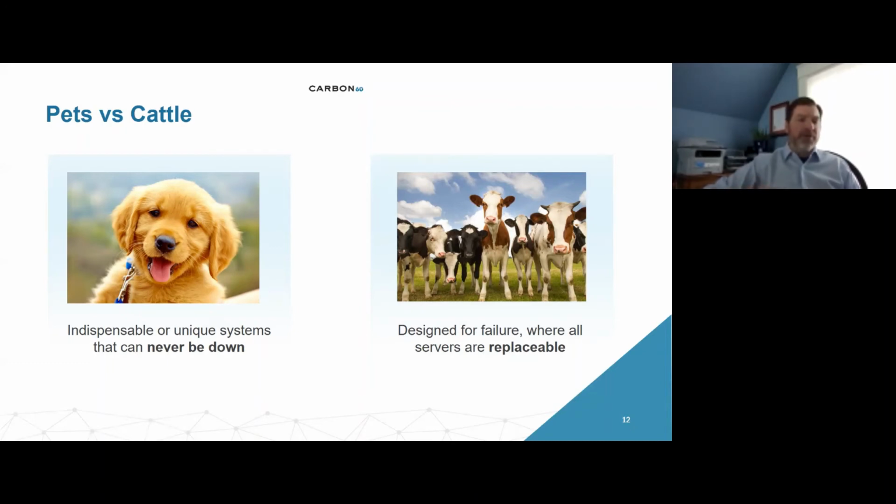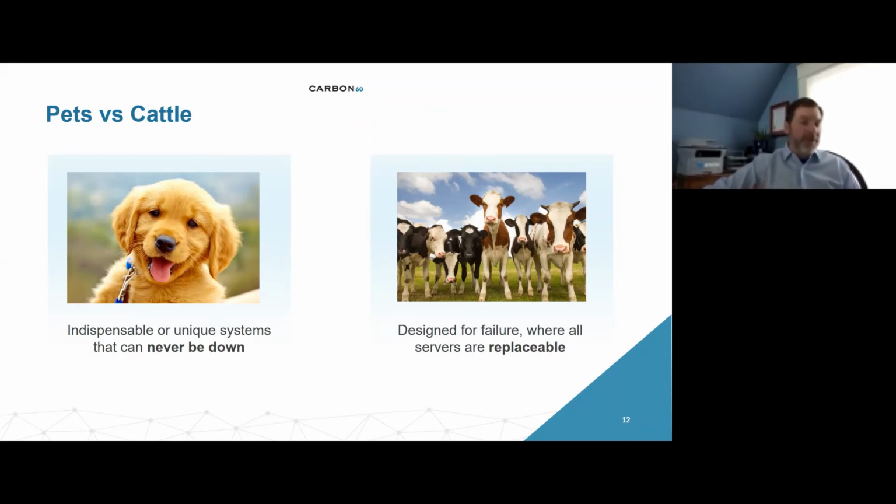When you think of a pet, they're indispensable, they're unique, and they can never be down. So if Fido here is sick, it's a big deal, because if something bad happens to Fido, there's a huge issue.